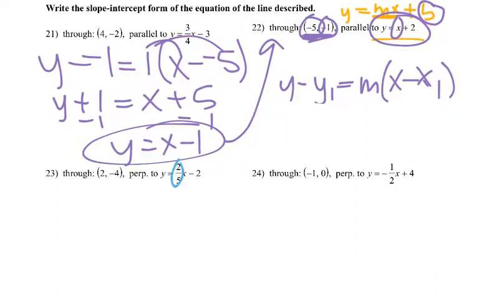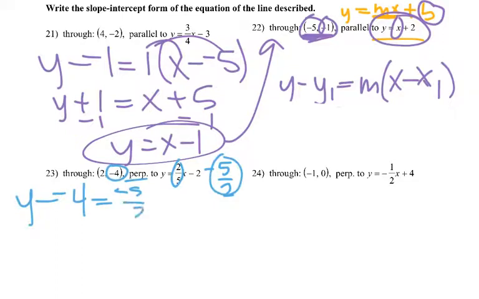Their slope is 2/5, ours is perpendicular, so we do the opposite, 5 over 2, and the reciprocal, so positive, we make negative 5 over 2 for our slope. So I go y minus a y value, negative 4, equals our slope, negative 5/2, times x minus the x value. Okay, negative 5/2 times x is negative 5/2 x.